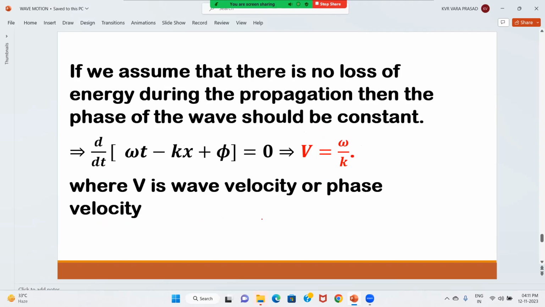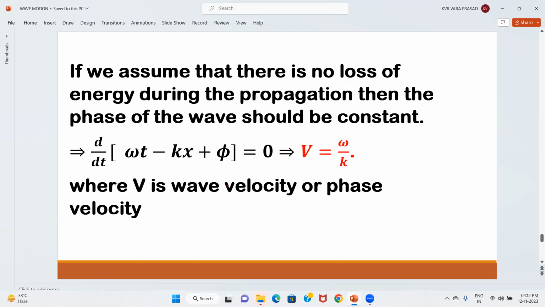Here we take one assumption: if there is no energy loss during the propagation of energy, then the shape of the string does not change. It is always the same.